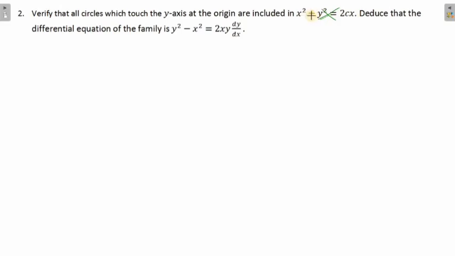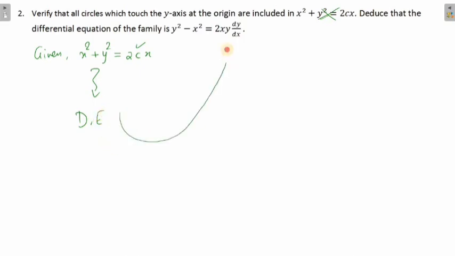Using the given equation, x square plus y square is equal to 2cx, how many constants are there? Only one constant. So from here you arrive at the differential equation, and you need to show that the required differential equation is this much. You will try this by yourself, so you may pause the video and note down the question.